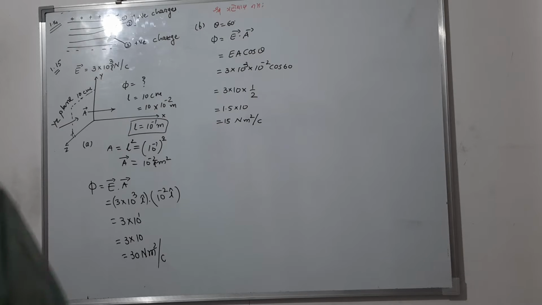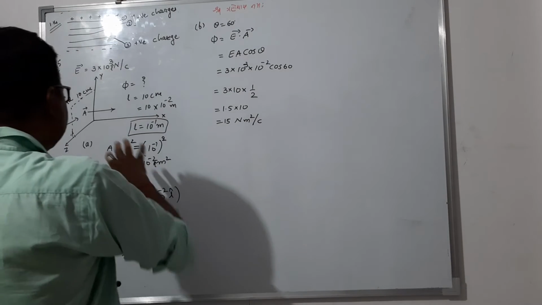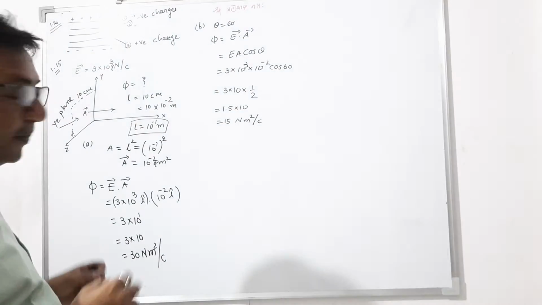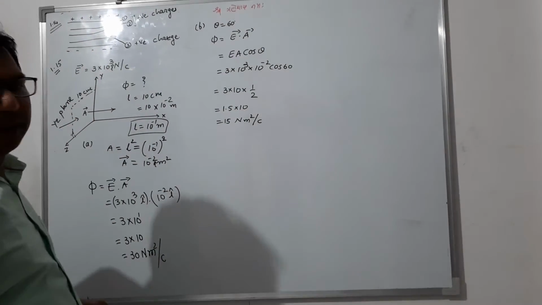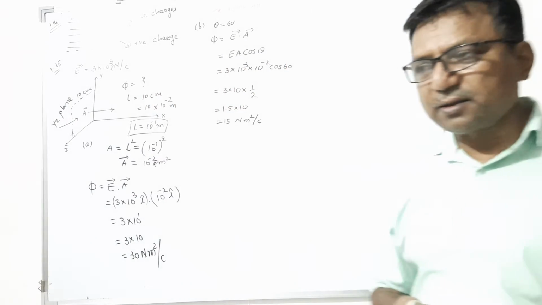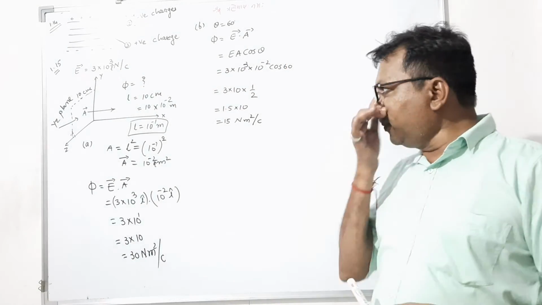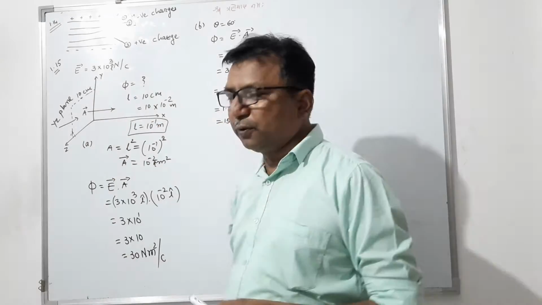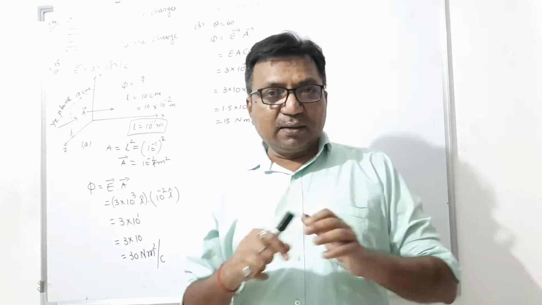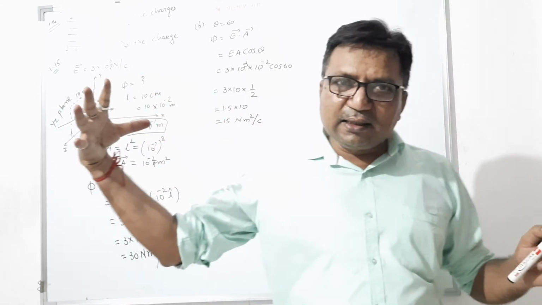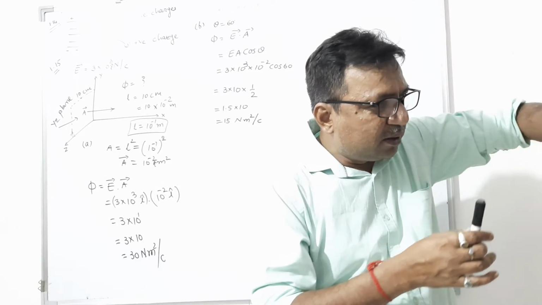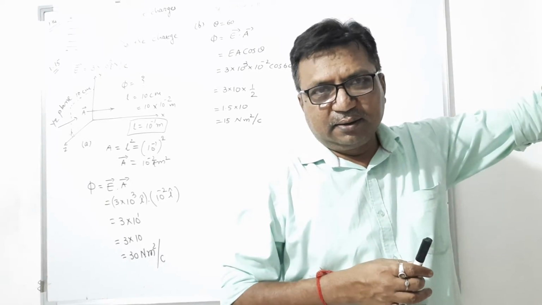You are asked, suppose instead of this square, if a cube is placed over here, then what will happen? Can you get the flux or not? So if a cube is placed here, that means it has 6 sides. So when an electric field line is passing in from one side, then it goes out from another side.